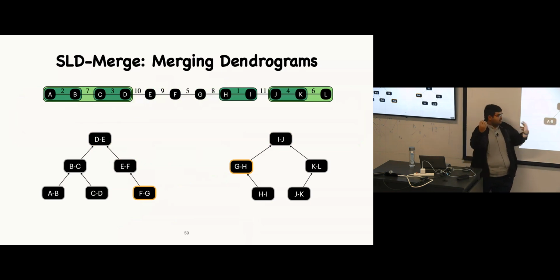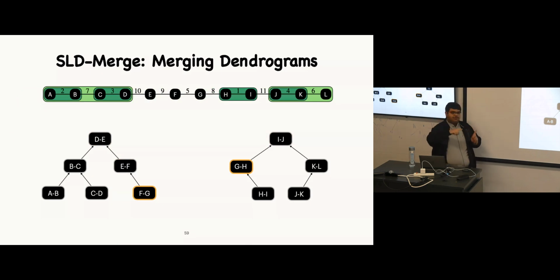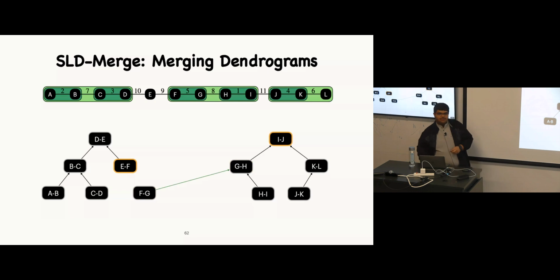Among those two, the weight of FG is smaller. So now that points to something. And what does it point to? It should point to either EF as before or GH. And in this case, it has to point to GH, right? Once you do that, FG is done, and you look at the next node in the spine, which is EF, and do the same comparison. So it's just walking along the spines and moving parent pointers by comparing the edge weights.